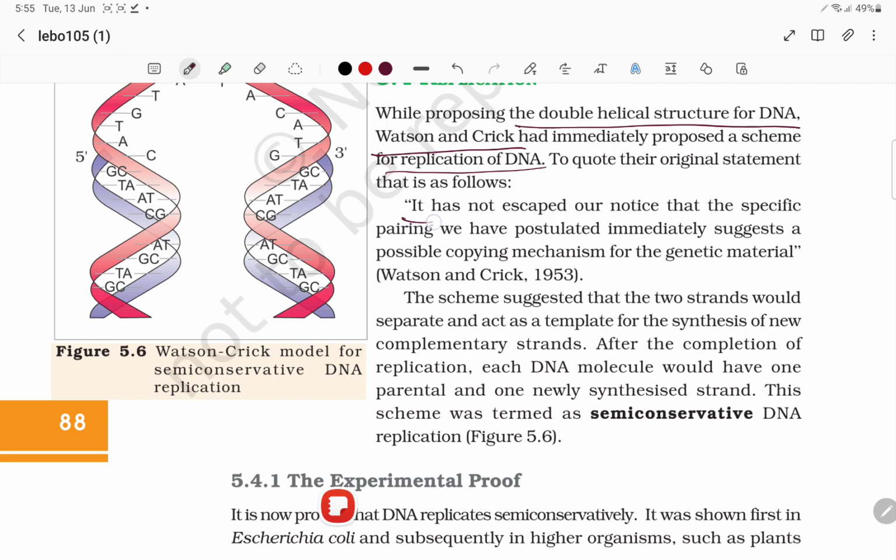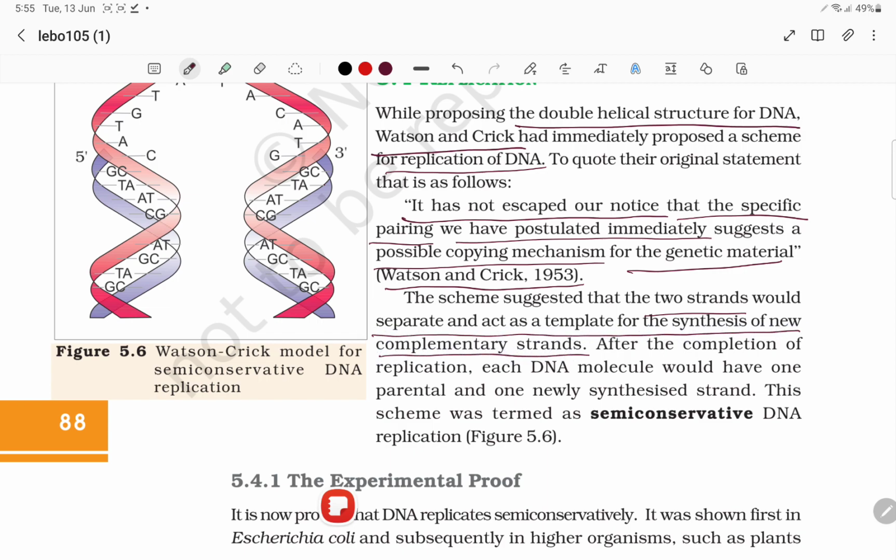"It has not escaped our notice that the specific pairing we have postulated immediately suggests a possible copying mechanism for the genetic material." Watson and Crick, 1953. The scheme suggested that the two strands would separate and act as a template for the synthesis of new complementary strands.